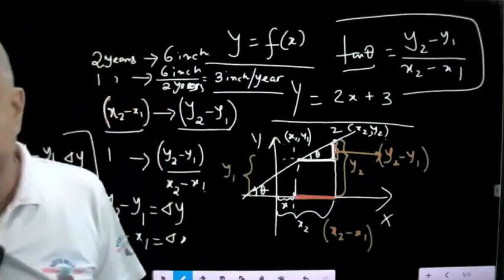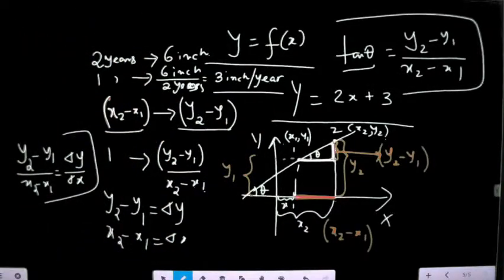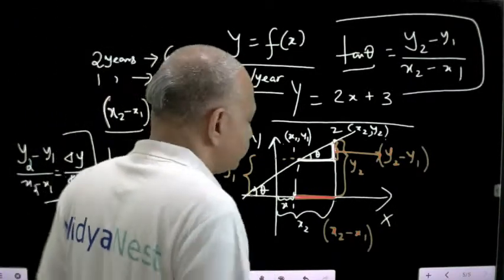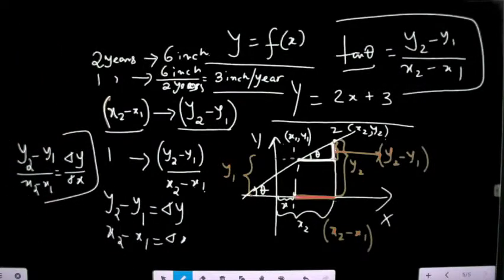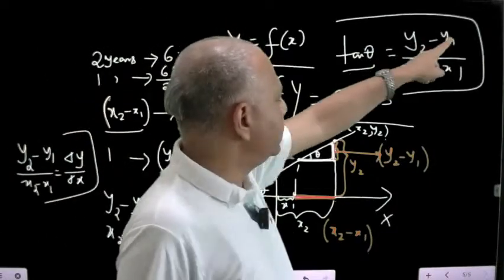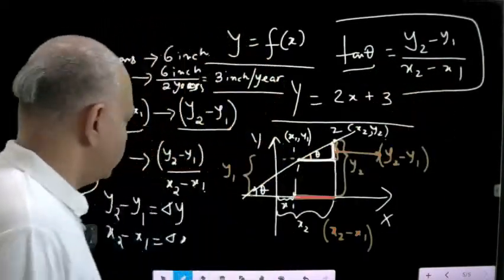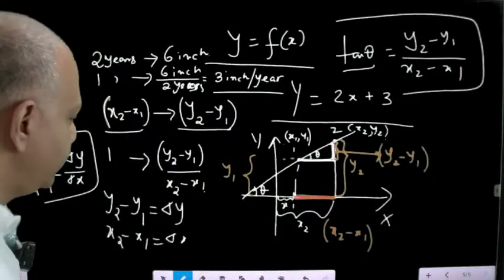If I am able to find the slope of this line, of this graph, the value of the slope is delta y by delta x, y2 minus y1 divided by x2 minus x1. Okay.